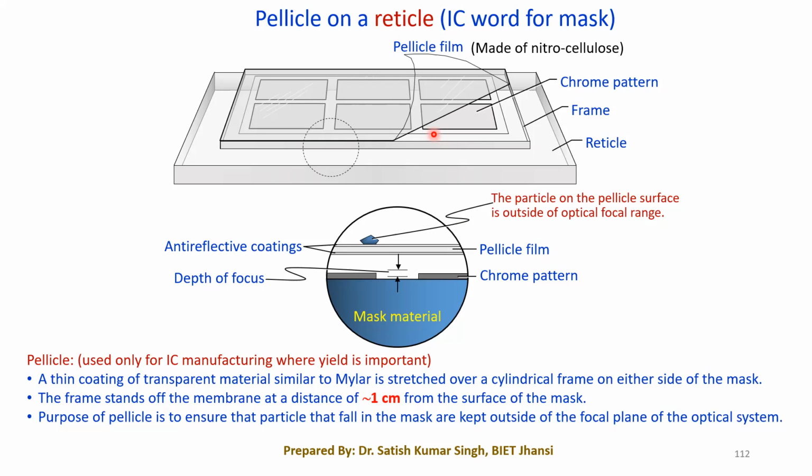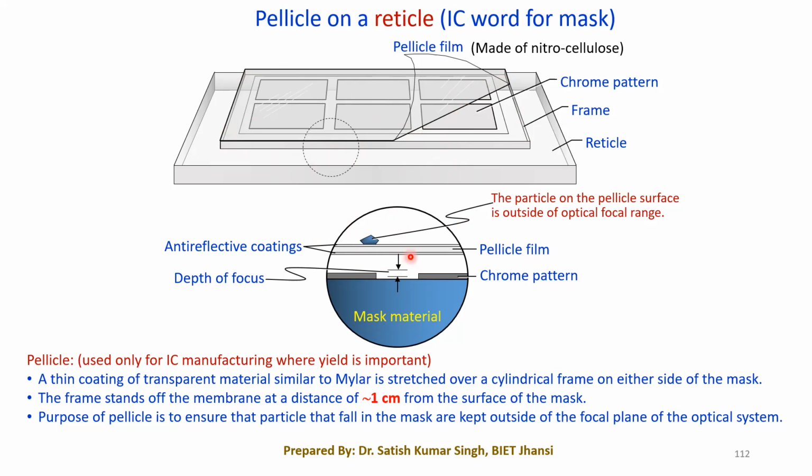So it is not just onto the chromium. First of all, we have to make a certain metal frame, which has a certain height, and onto that metal frame we stretch this pellicle film. If any dust particle comes to this mask, it will not go to the chromium, but will be available on the pellicle film.